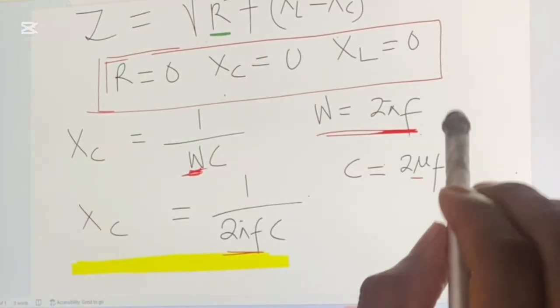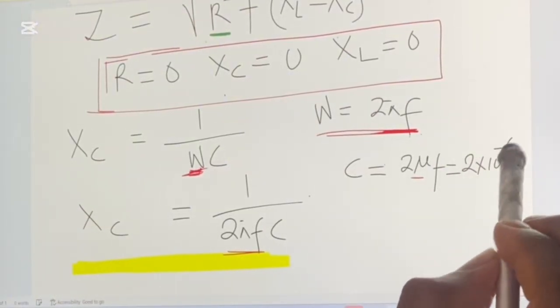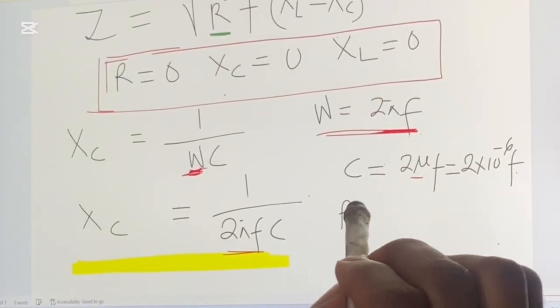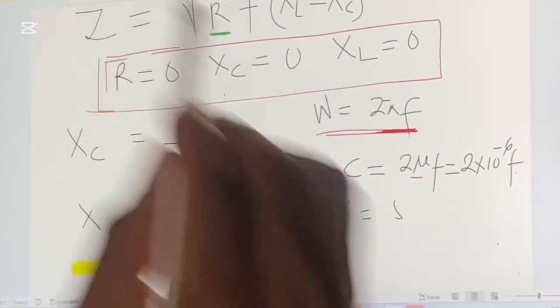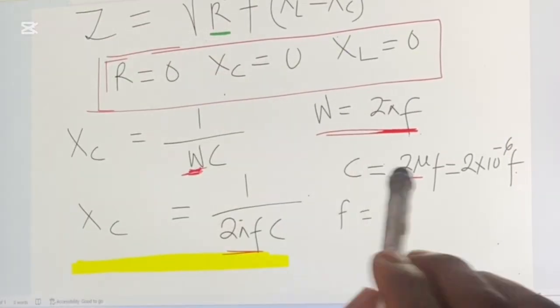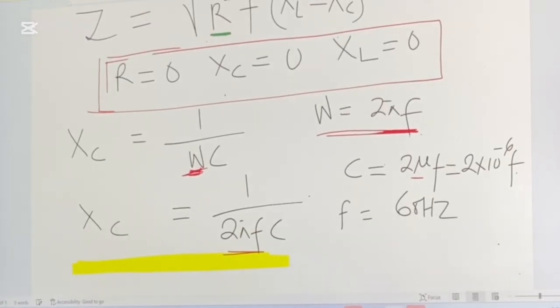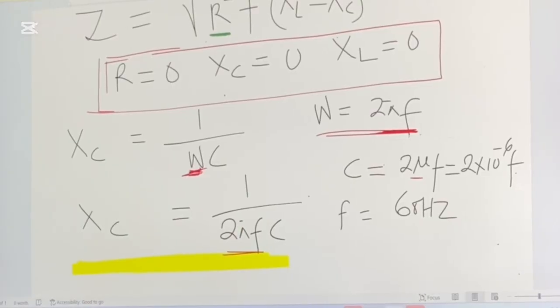So we have 2 times 10 raised to the power minus 6 farad. The frequency here is given to us as 60 hertz. Please take note. And we are asked to calculate the root mean square.